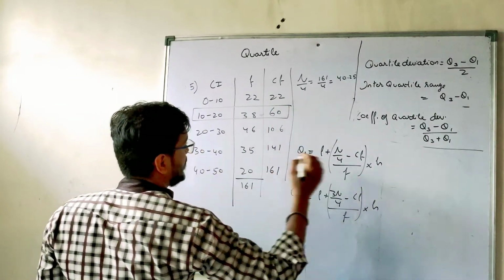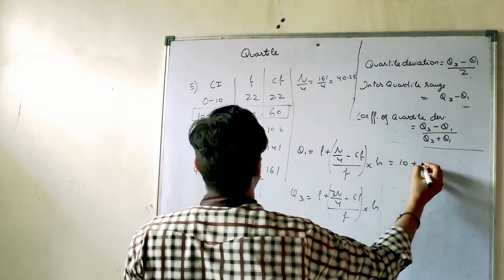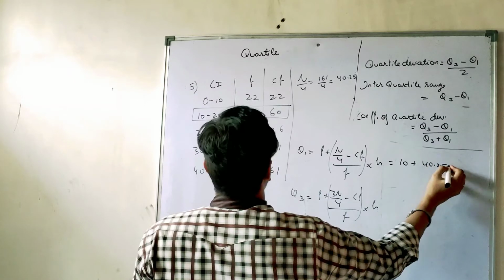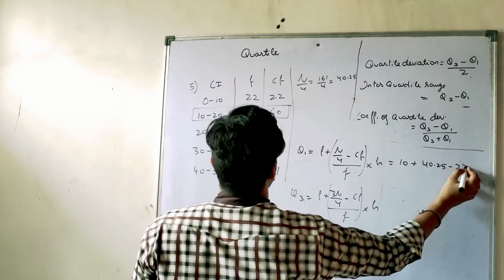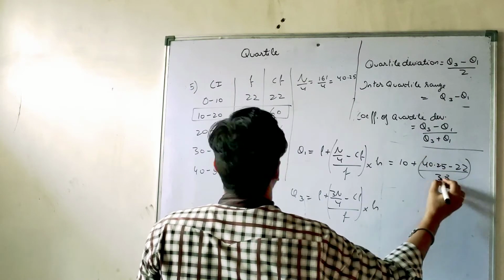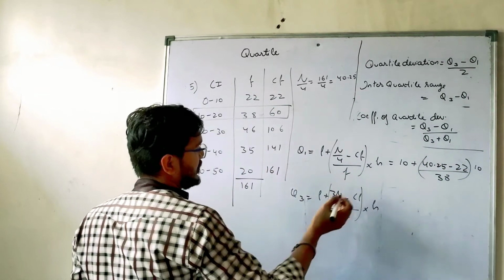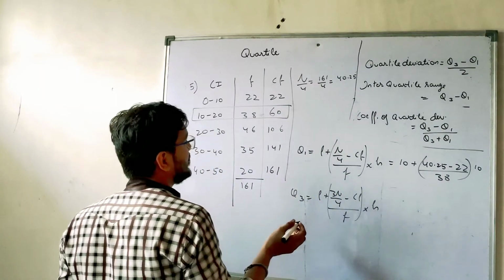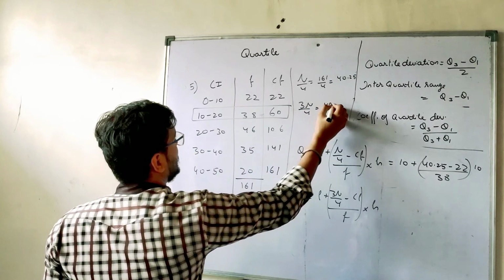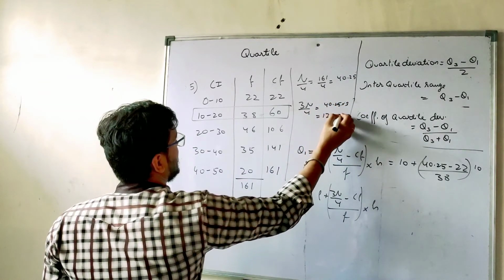So for it, Q1 will be L is 10 plus n by 4, 40.25, minus CF of the preceding class 22 upon F is 38 multiplied by H is 10. So when you will solve this, you will get the answer for Q1. Similarly, Q3 is 3n upon 4, 40.25 multiplied by 3, so 120.75.